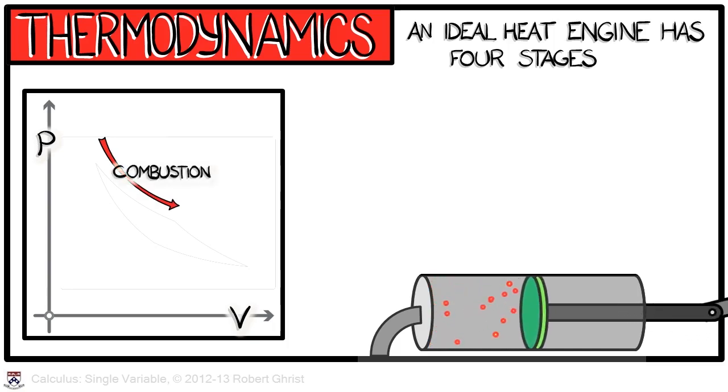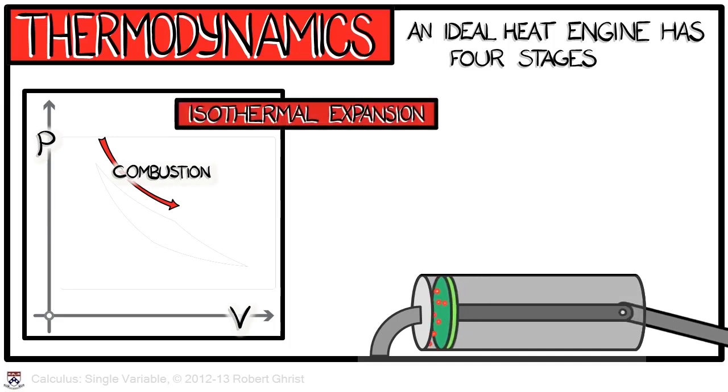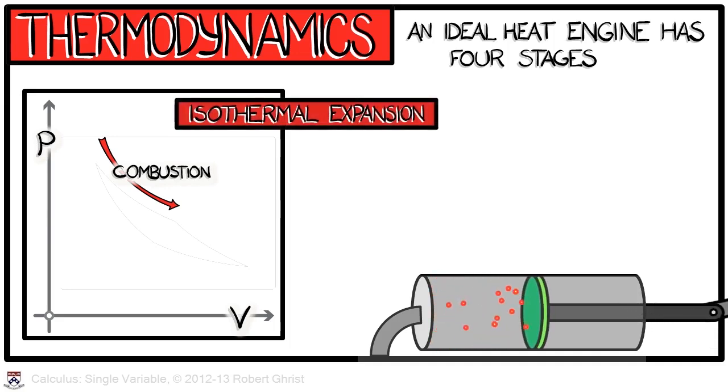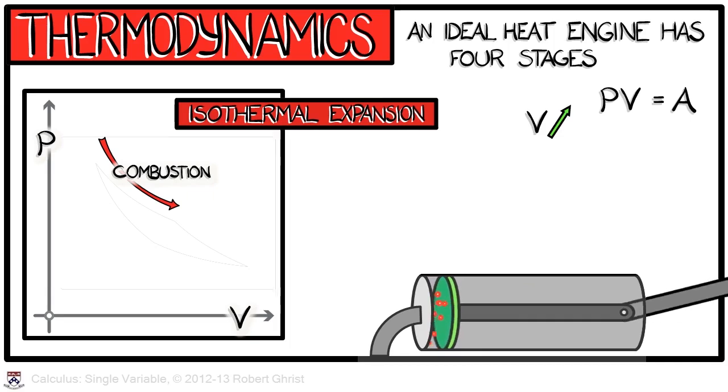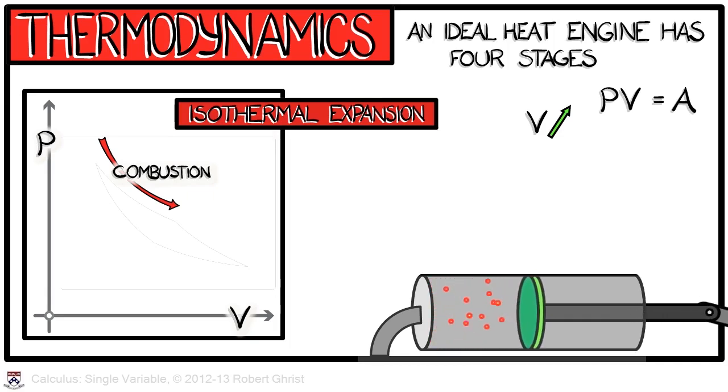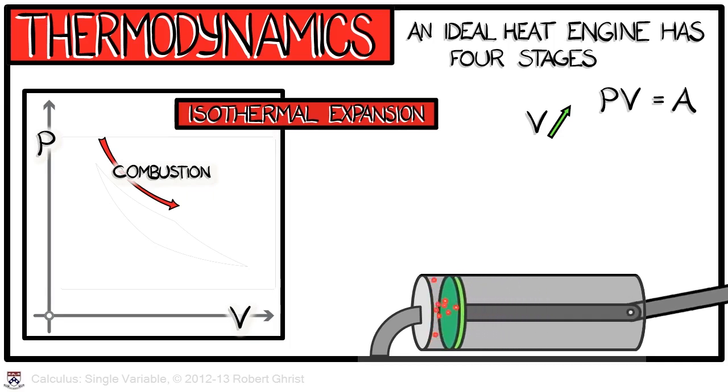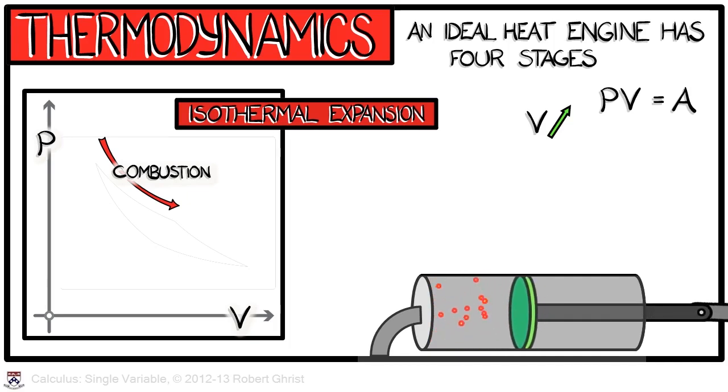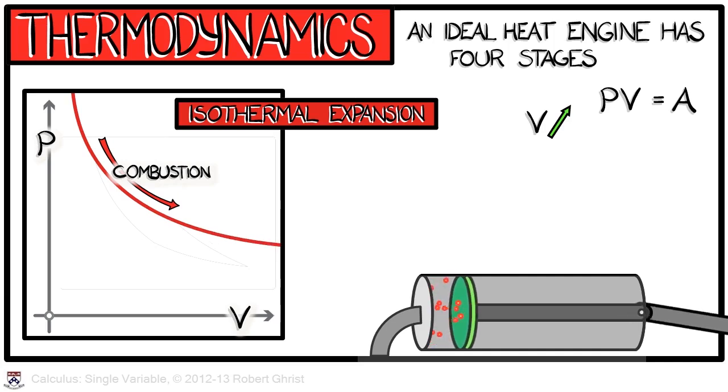The first is called a combustion stage, otherwise known as an isothermal expansion. The volume is increasing, and the pressure, P, times the volume, V, is constant. Let's call that A. So in this first stroke, you're moving to the right along a curve in the VP plane, where the product is a constant.